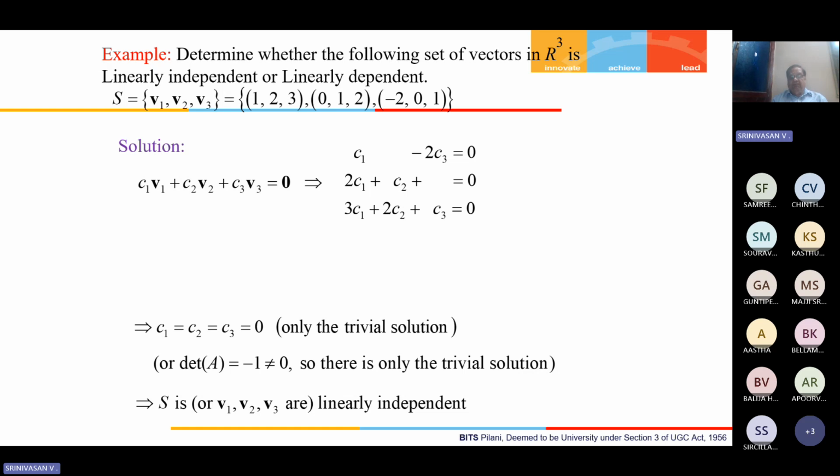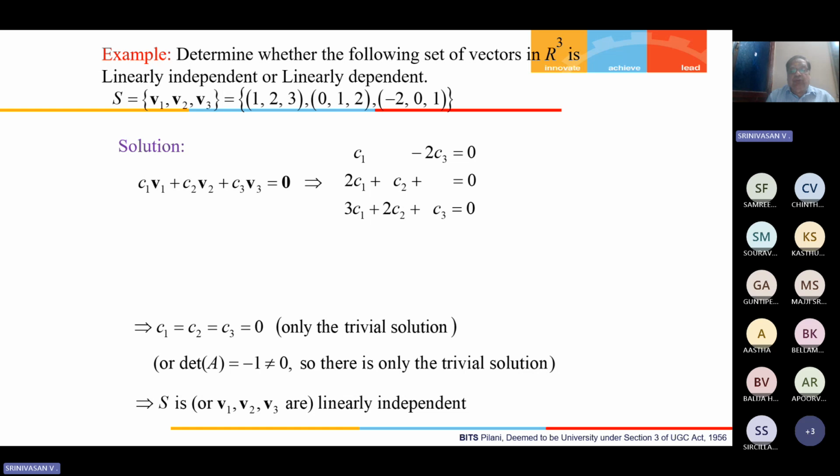So you can solve. To cancel this C3, you can multiply this by 2. So you get 6C1 plus 4C2 plus 2C3 equal to 0.